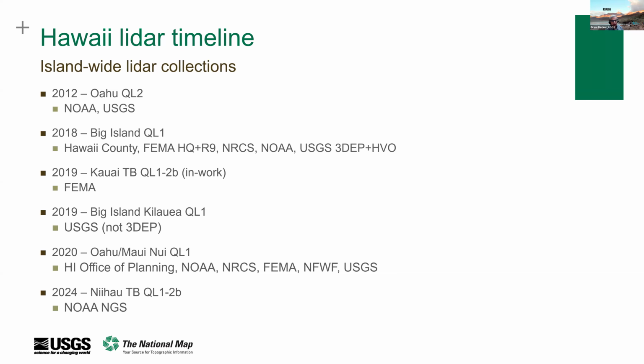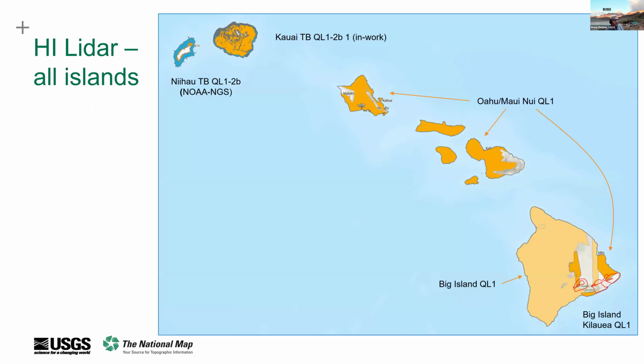And then finally, Niihau topography, which collected the coastline bathymetric data, and the shoreline of the island of Niihau was collected by NOAA, their National Geodetic Survey. So putting these all together, you can see the map here showing what's been collected. It's not complete coverage, obviously.